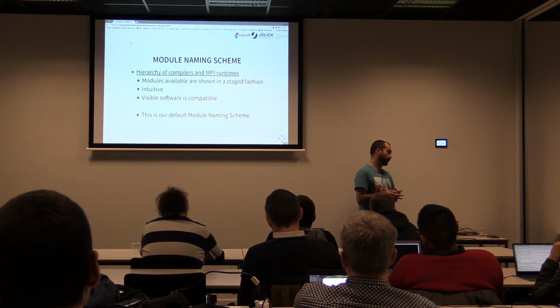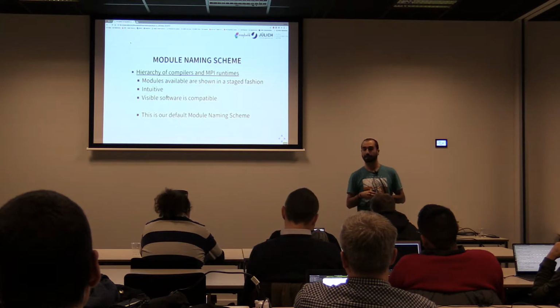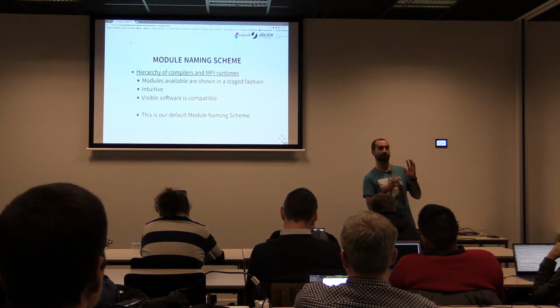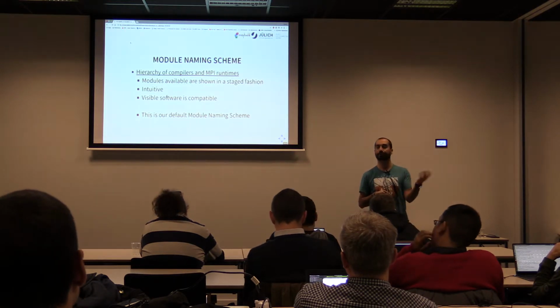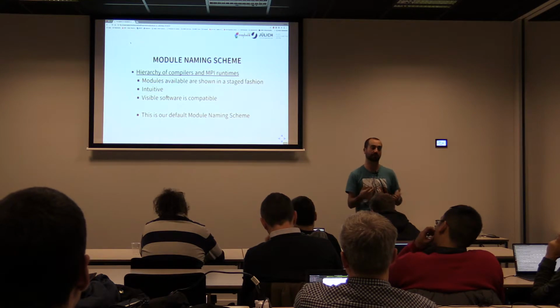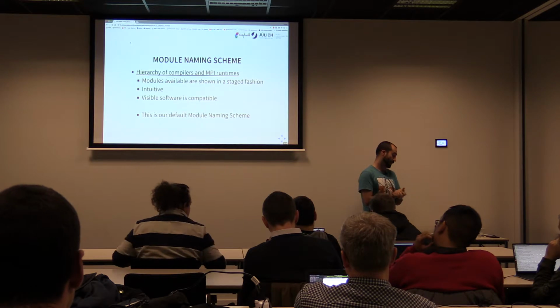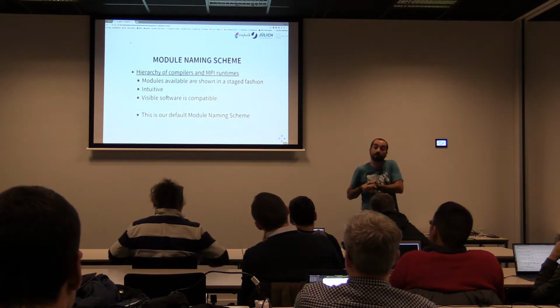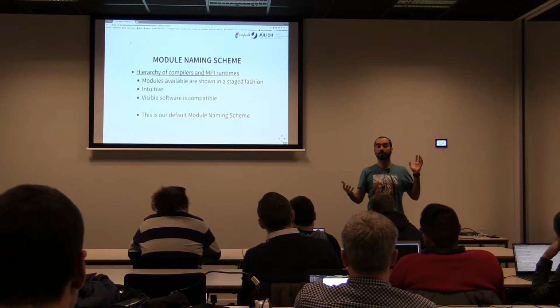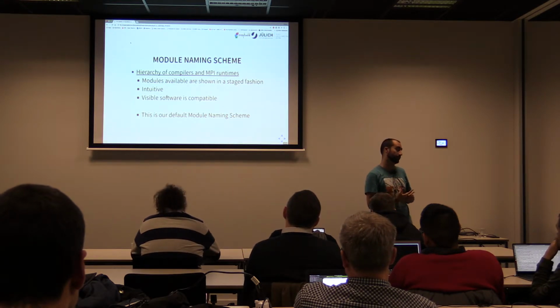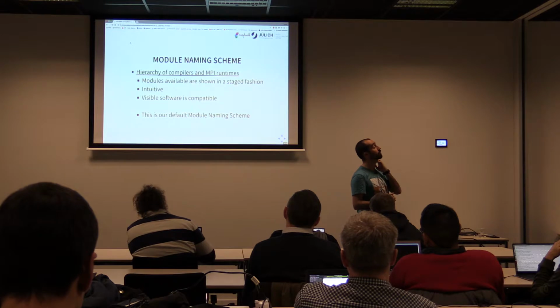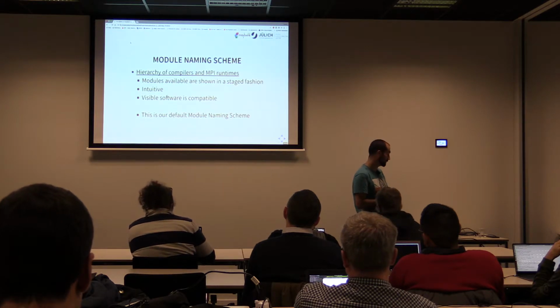So for those, we have a set of default modules that load the recommended modules of the recommended compiler and MPI, and those users can use that as a shortcut so as not to be bothered with which compiler to use, what the difference is, etc. And as a result, all the software you can see at a given moment is all compatible. That's probably the main reason for using a hierarchy.